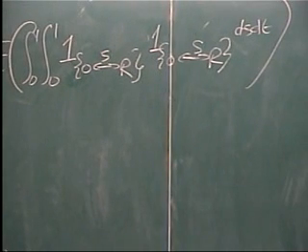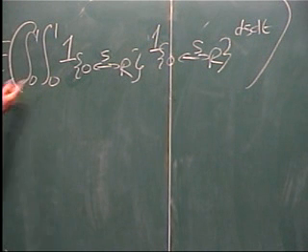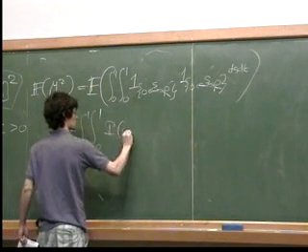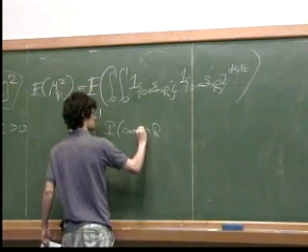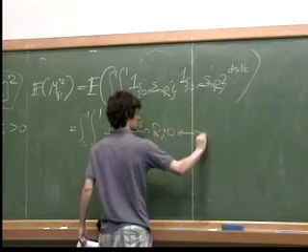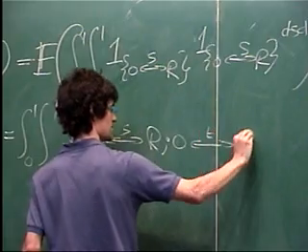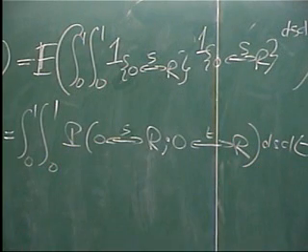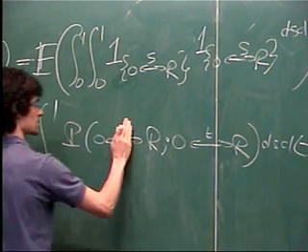So you can put the expectation inside, and that's the probability to be connected to r at time s and being connected to r at time t. But since the measure is invariant, it's the same as looking at this.